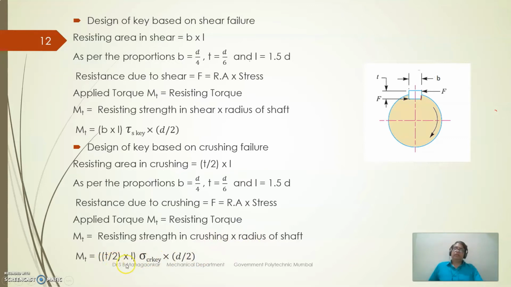So that is T by 2 into L, the length, into sigma CR, the crushing strength of the key, into D by 2. By using this we can find the Mt based on crushing. Now I want to explain the same thing once again with the help of the board.